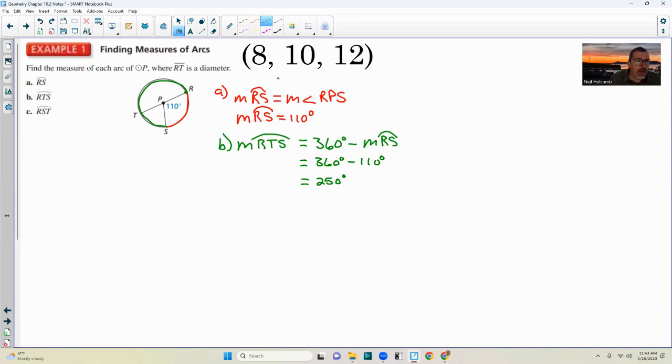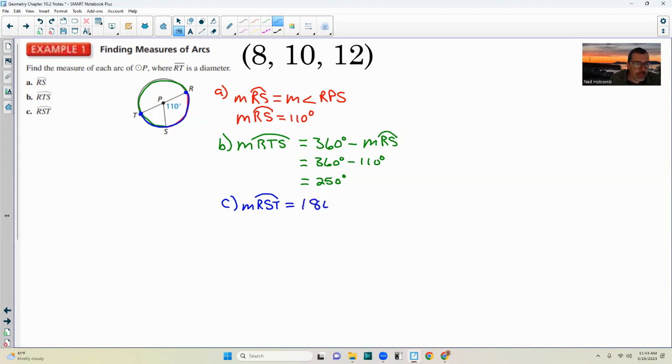Okay. And then finally, part C is what is the measure of arc RST? Well, that equals, it starts here, going around here to S, continuing on to T. So it is a semicircle.